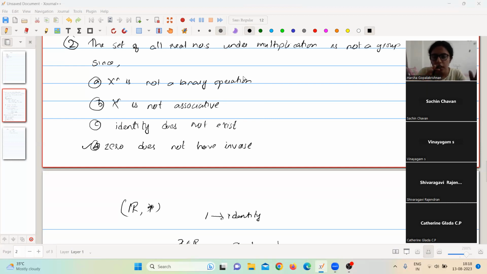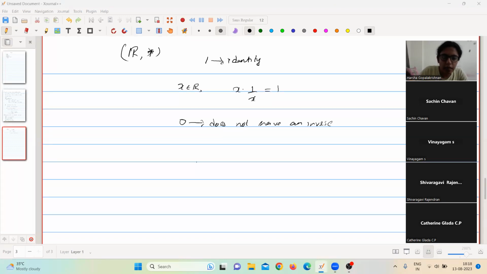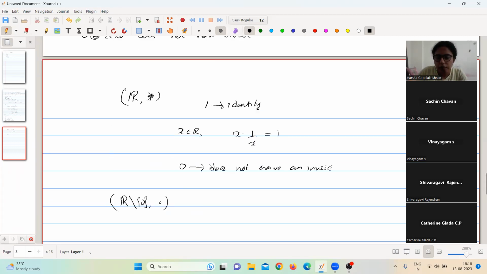Binary operation means if A and B are two elements, A star B is also in the same set. So it is a binary operation also. So the only correct option in the question is option D. Clear? Any doubt here? That is why under multiplication, if we are considering R minus 0, we will always take it as R minus 0 with the multiplication.